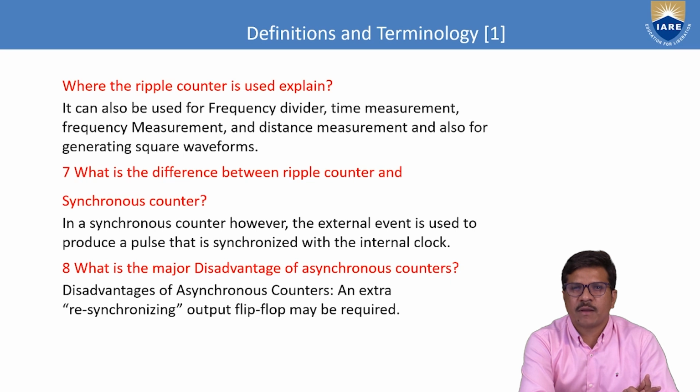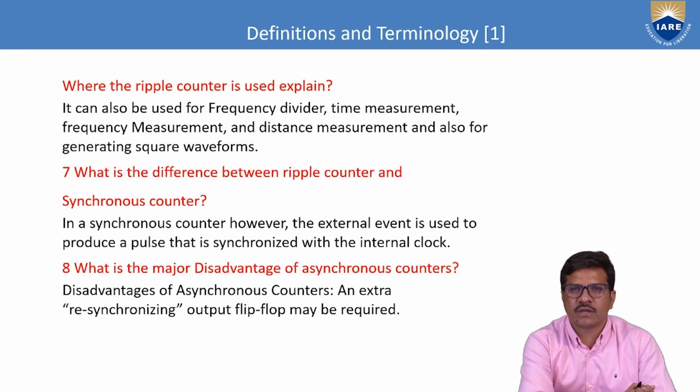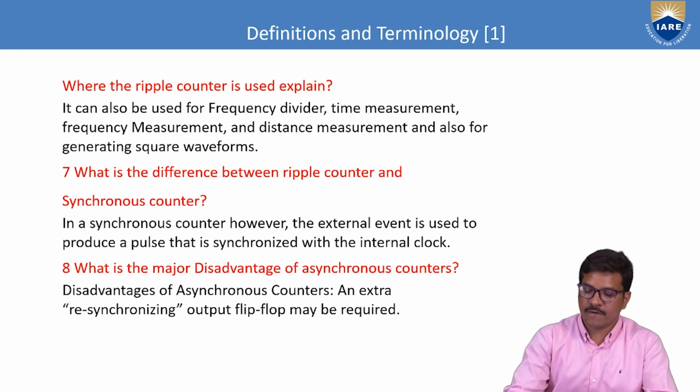What is the difference between a ripple counter and a synchronous counter? In a synchronous counter, the external event is used to produce a pulse that is synchronized with the internal clock.